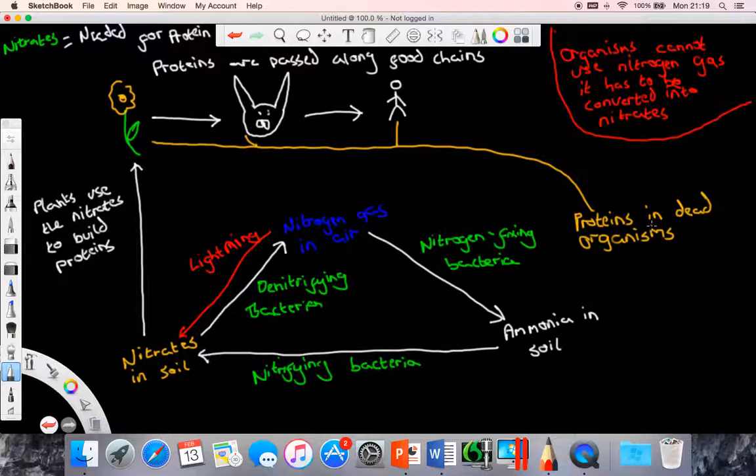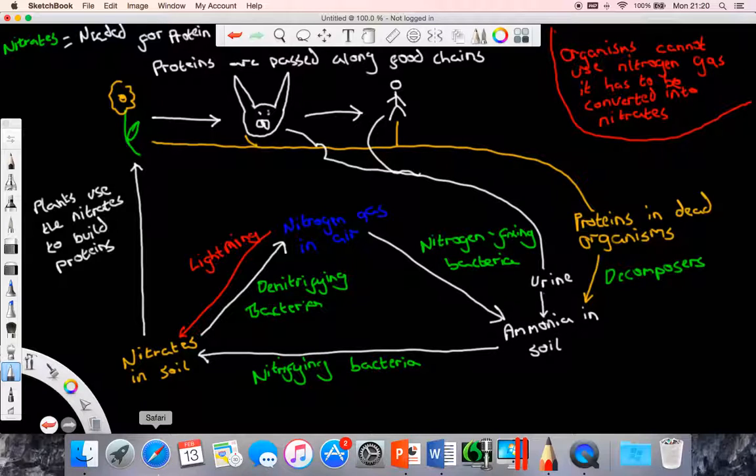These contribute to ammonia in the soil through the use of decomposers, like we spoke about in the carbon cycle. And also things such as urea or urine also contribute to this. Urine also contributes to ammonia in the soil, because ammonia is what makes urine smell, particularly cat urine.